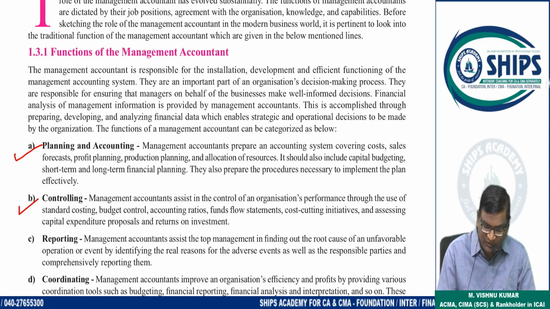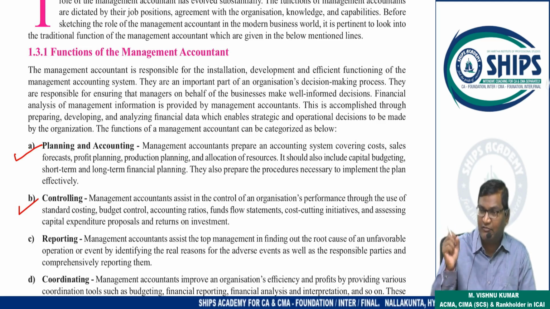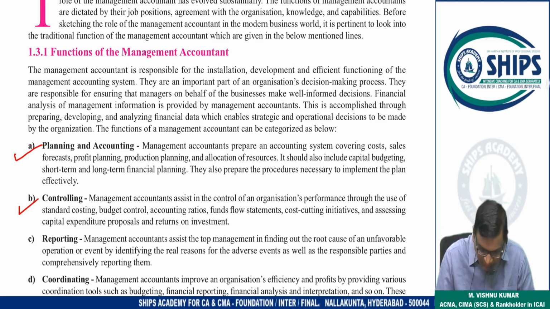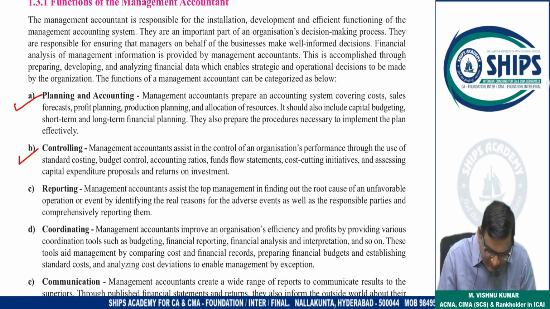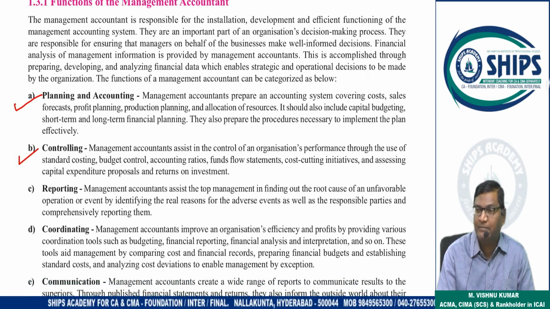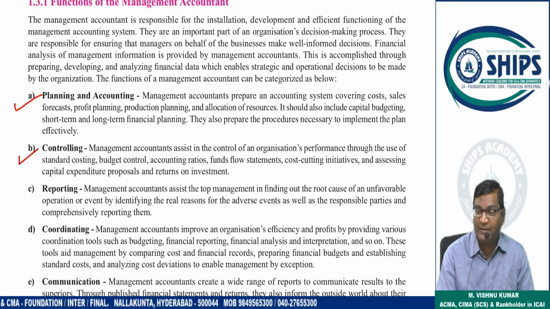So controlling is mainly concerned with expenses and investments. For controlling, management accountant will use different tools and techniques like budgetary control, standard costing, and capital budgeting, the investment decision technique. These are the various techniques through which he can control.